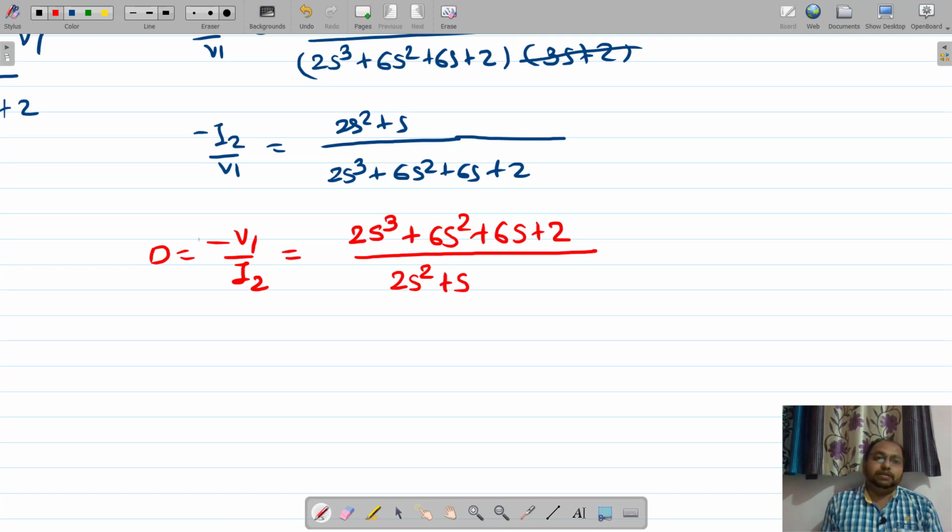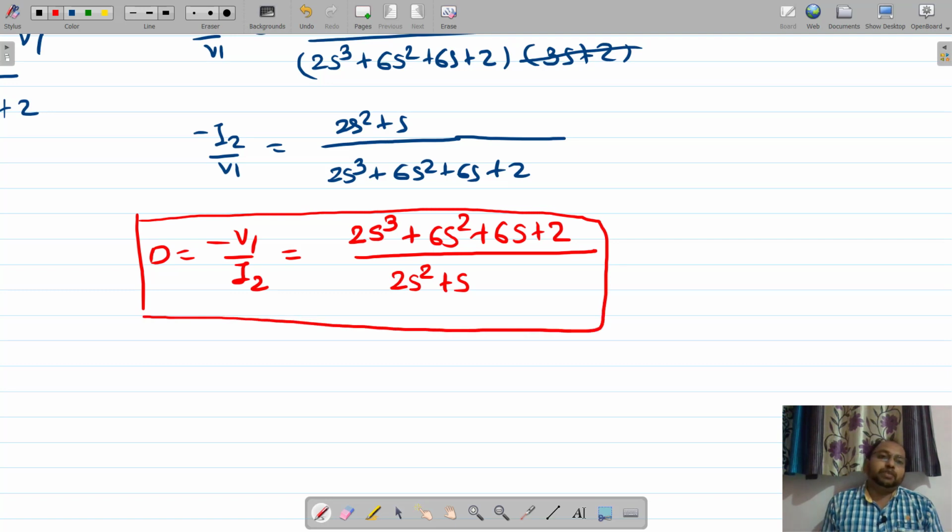This is my B. So likewise you can find the ABCD parameters for a circuit consisting of R, L and C components. Okay, thank you.